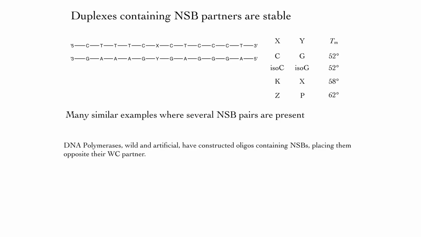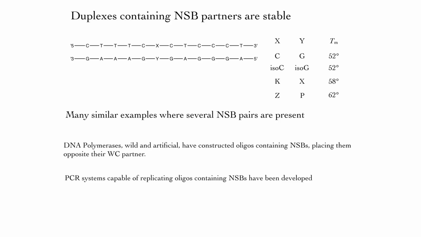And we've also got here, rather, I didn't do this particular piece of the work, but the Benner group have actually got DNA polymerases, both wild and synthetic, that basically construct NSBs and put them opposite their Watson-Crick partner with the same order of fidelity as they would the naturally occurring ones.